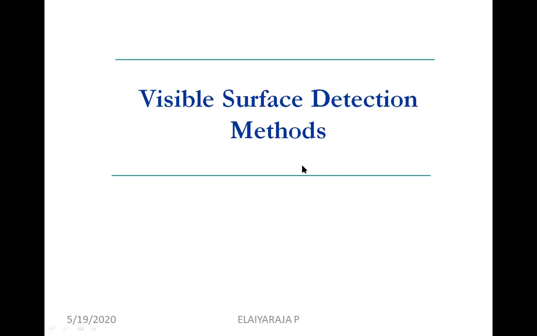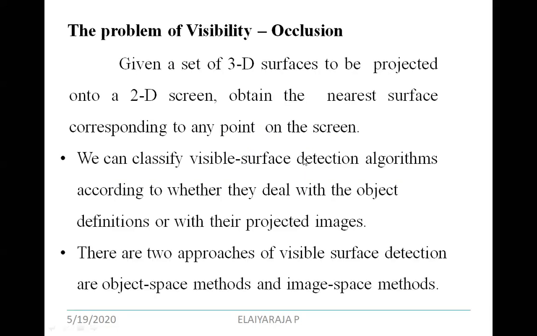Generally, the problem of visibility is occlusion, which means what you could not see. So given a set of 3D surfaces to be projected onto a 2D screen, you have to obtain the nearest surface corresponding to any point on the screen.